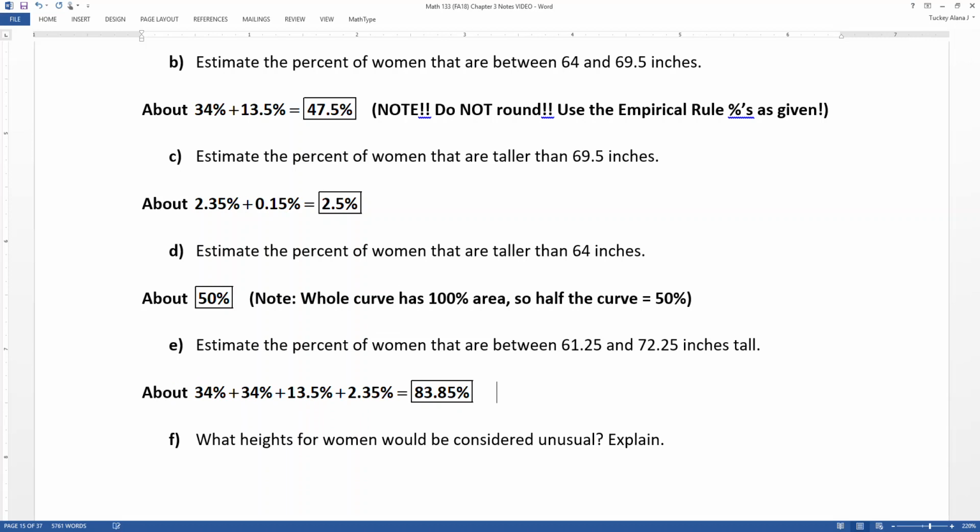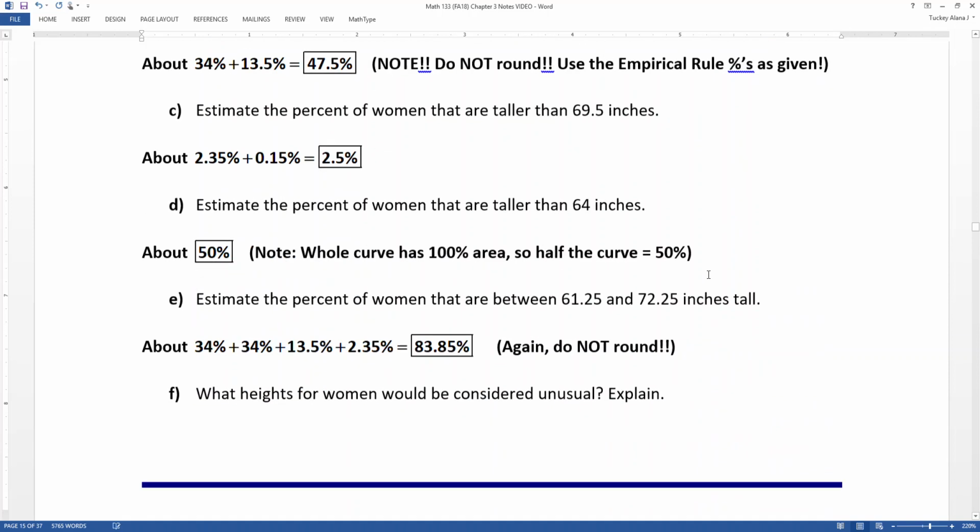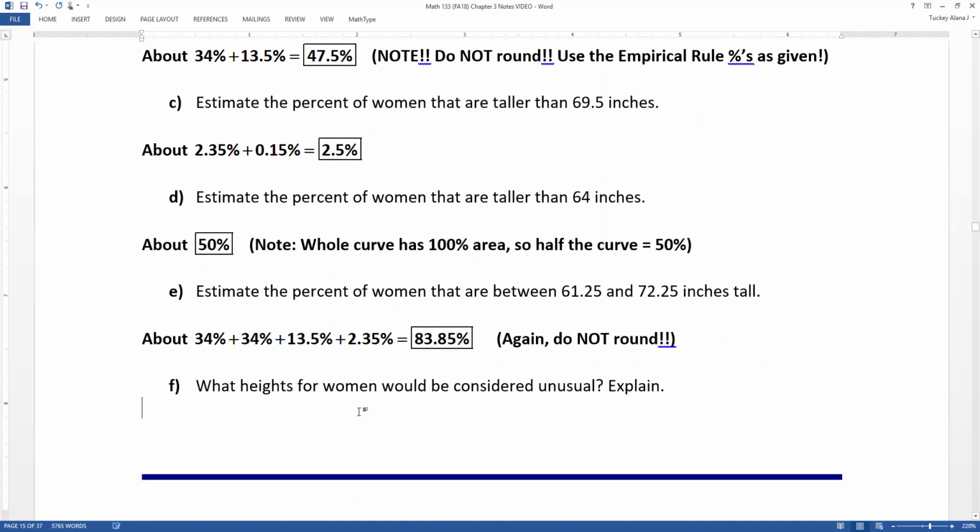Again, do not round. Do not round that up to 84. I know it's tempting, but if you round it up to 84, you're including the women that are past 72.25 because that's the 0.15% that you're missing. So in empirical rule questions, use the percentages that were given in the rule and nothing else.